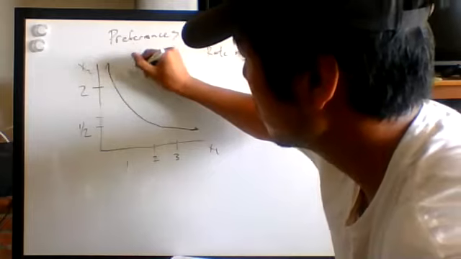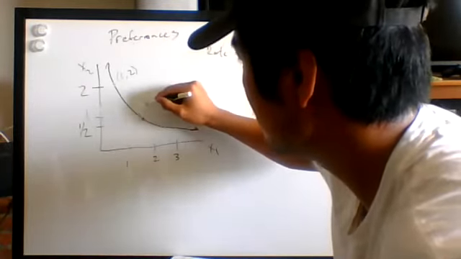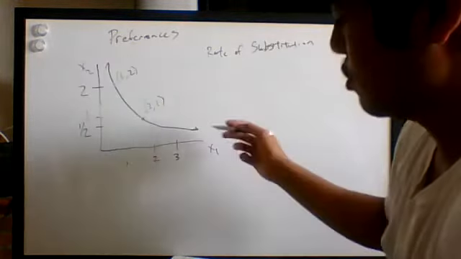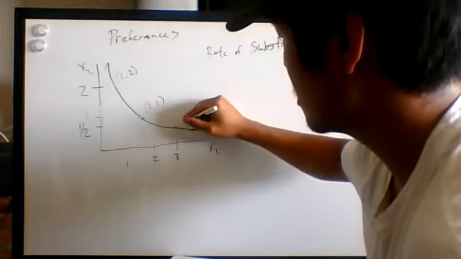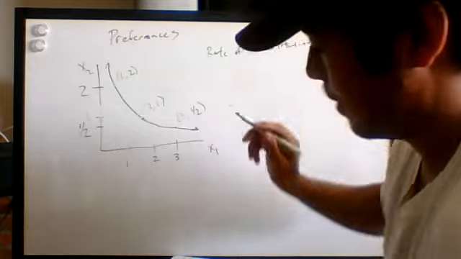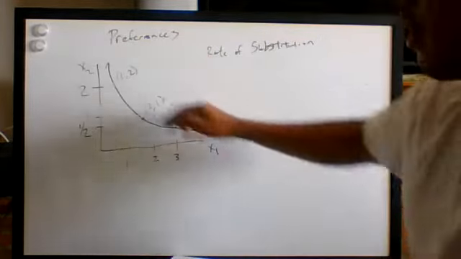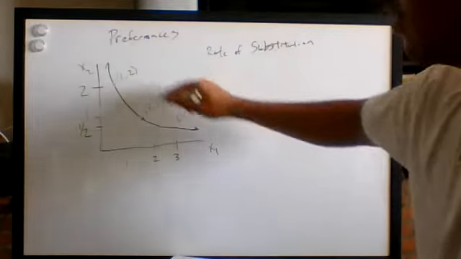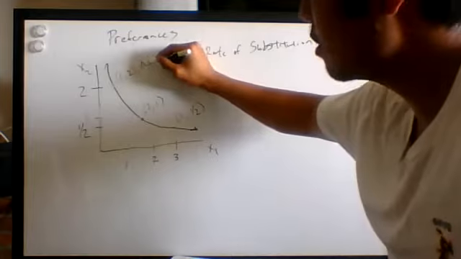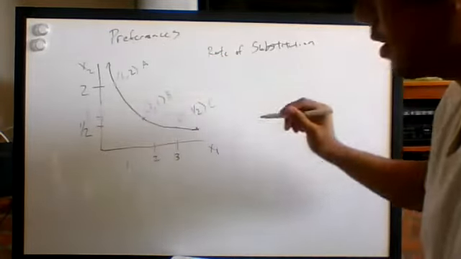My bad, guys. Pretend that this is 2, 1, even though it's not exactly drawn to scale. And then this is 3, 1/2, right? And so this rate of substitution, if you notice, is not constant, right? It's going to be changing as we move along this curve. So we're going to call this A, this B, and this C.